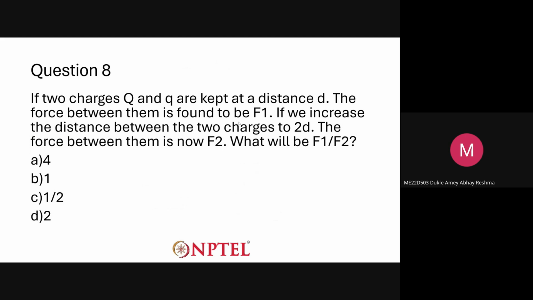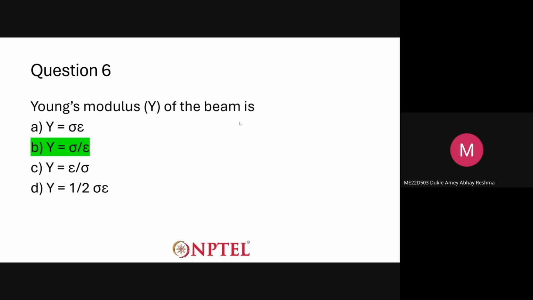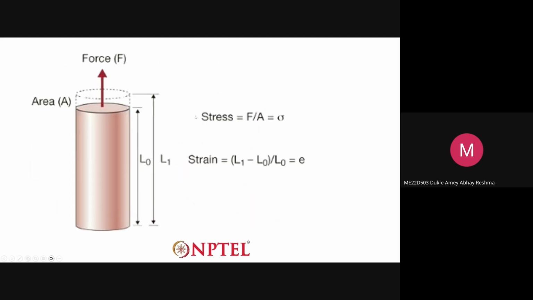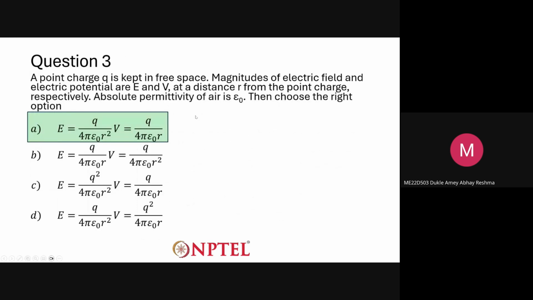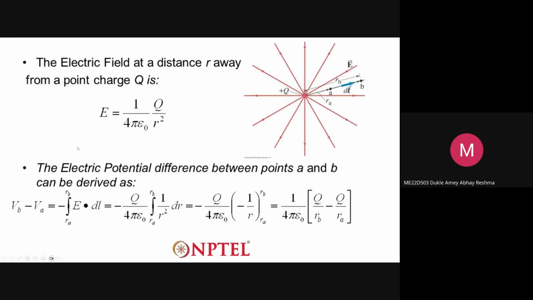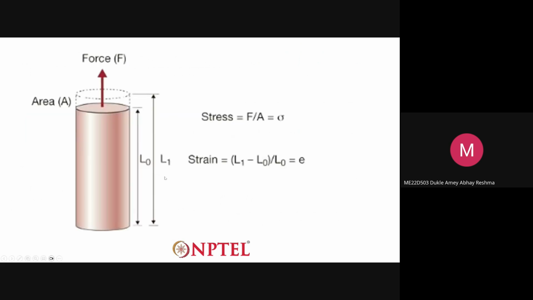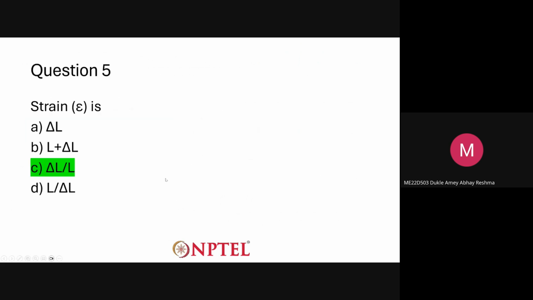We had this formula just two, three questions before. If we are finding the force between charges, it is 1 by 4 pi epsilon naught Q1 Q2 upon R square. That is the formula.